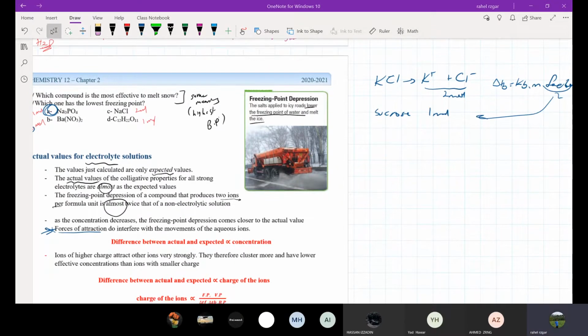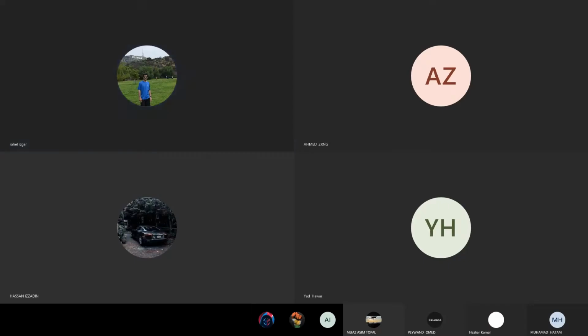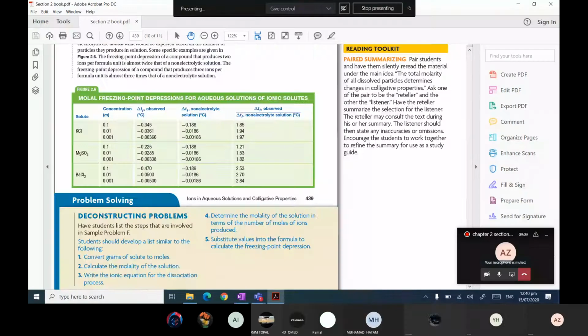Let's look at this figure. Wait a minute. Okay, now let me show you. Look at this table.